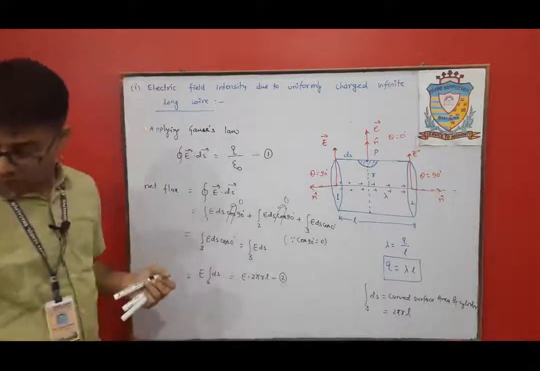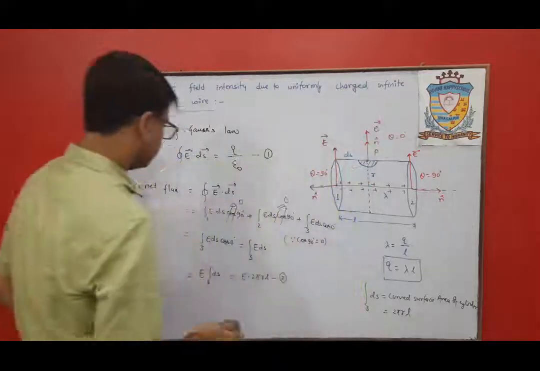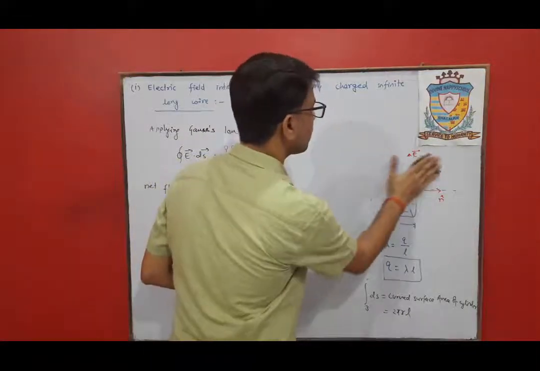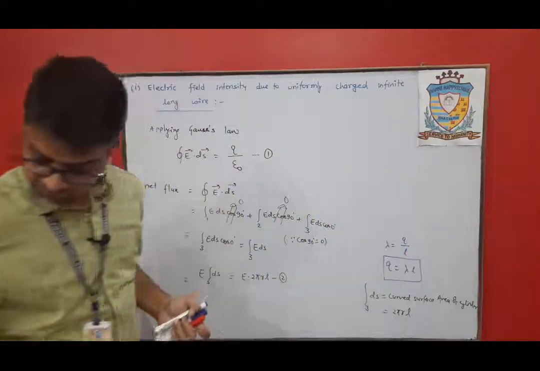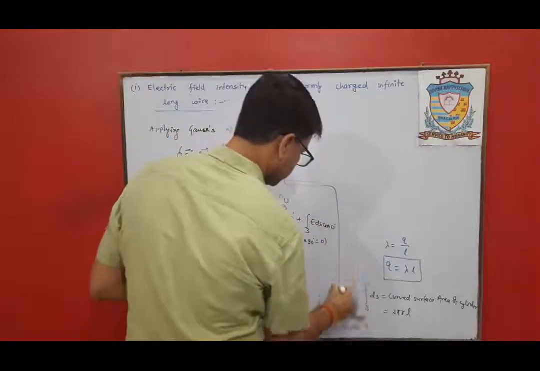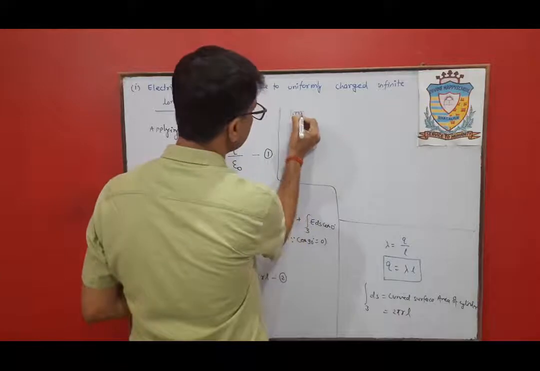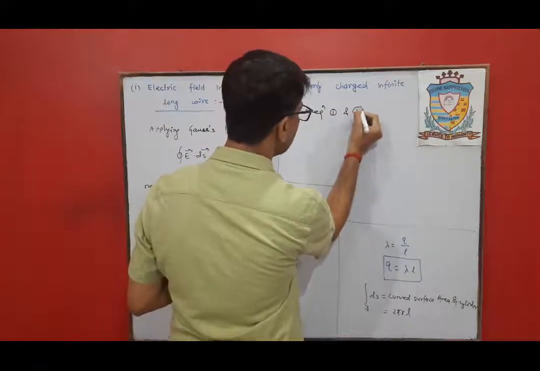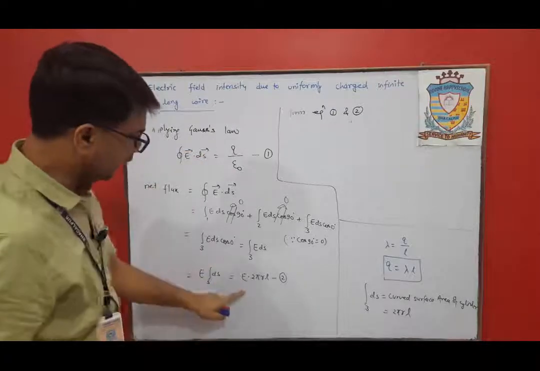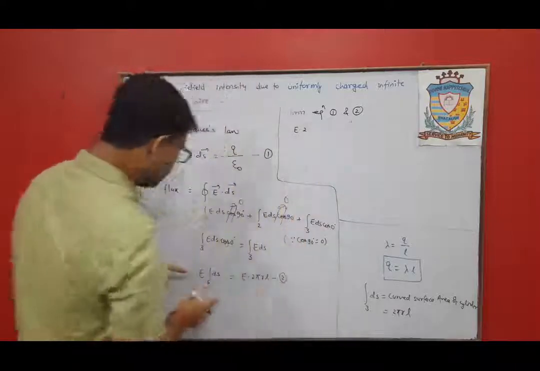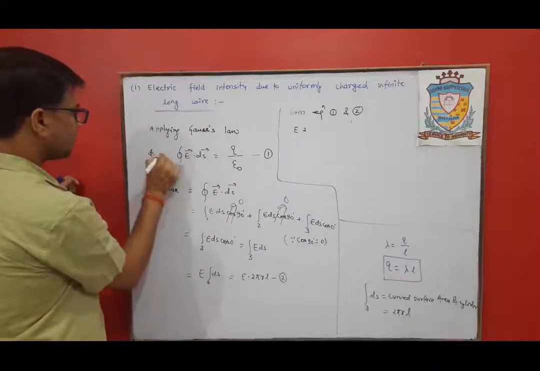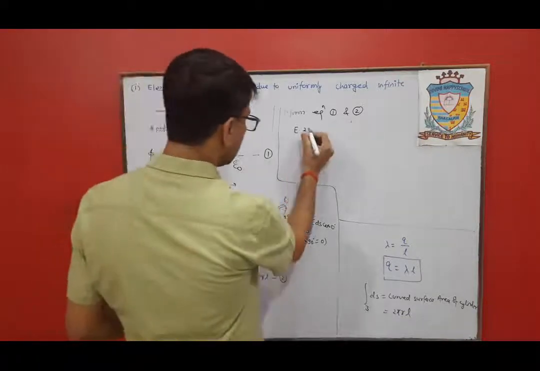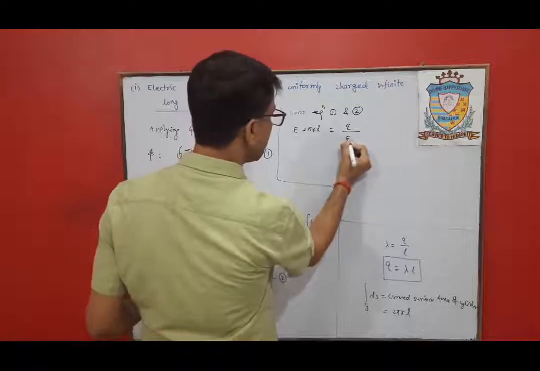Now from equations 1 and 2, E into 2 pi RL is equal to the total flux, and Q upon epsilon naught is also equal to the total flux. So E into 2 pi RL is equal to Q upon epsilon naught.